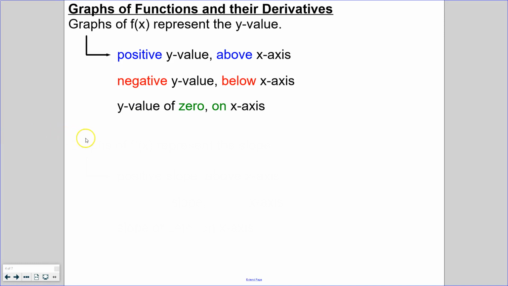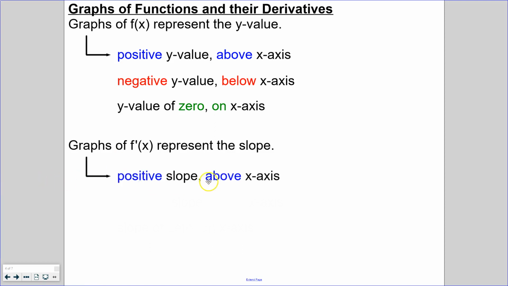Again, this is all stuff that we know from previous math classes. However, it's important to review this because when we start talking about graphs of derivatives, these things are going to mean something different. For graphs of f prime, if the original function has a positive slope, the graph of our derivative is going to be above the x-axis, because slope is the output, and since it's positive, it needs to be above the x-axis.